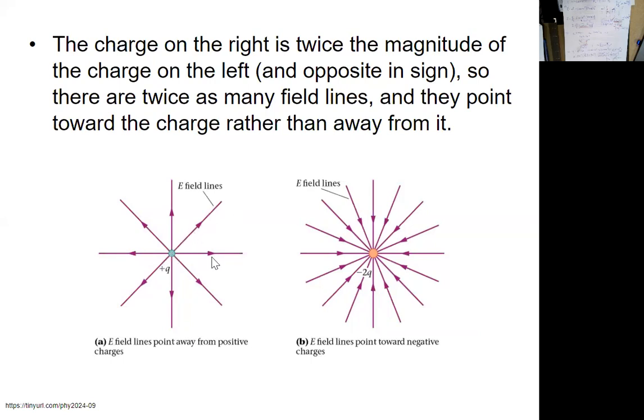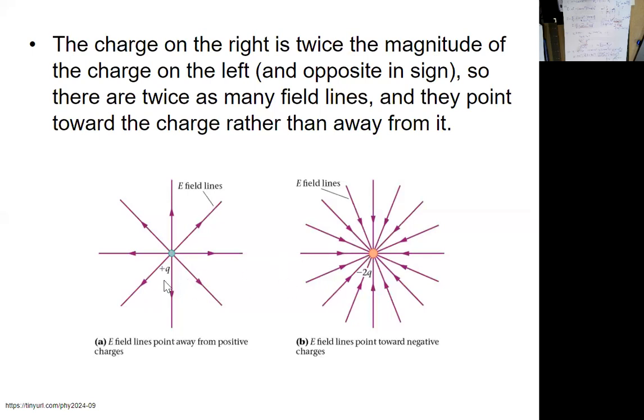So in that direction or in that direction, pointing away. Now, if this is a negative charge, then the electric field will point towards the negative charge, okay? The field produced by a negative charge will be towards the negative charge.